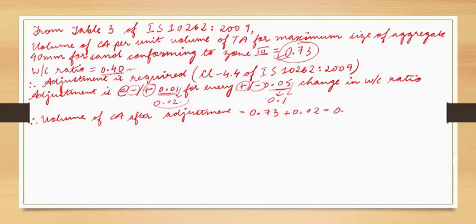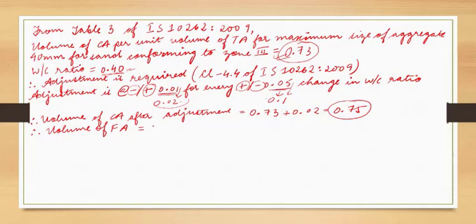0.02, which is equal to 0.75. So if we consider total aggregate as 1, coarse aggregate is 0.75. To find the fine aggregate, since total aggregate comprises of coarse aggregate and fine aggregate, volume of fine aggregate will be equal to the volume of total aggregate minus the volume of coarse aggregate.